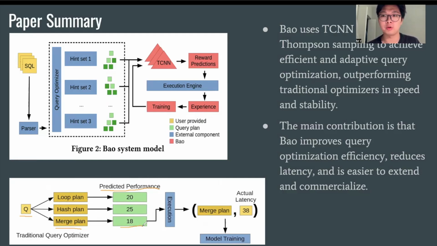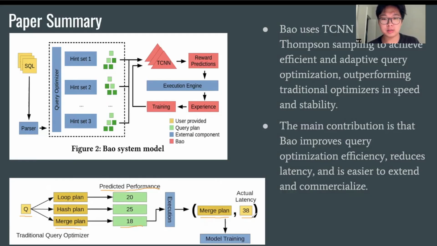This is the workflow of BAO. After that, it is the same as traditional query optimization. It will execute the plan, and then we get the result, which is the merge plan and the actual latency, 38 seconds.